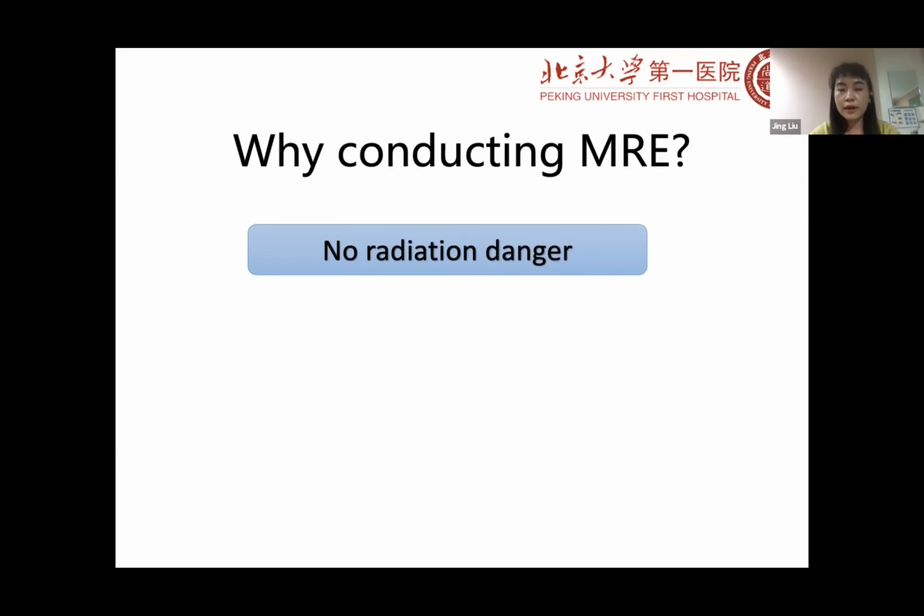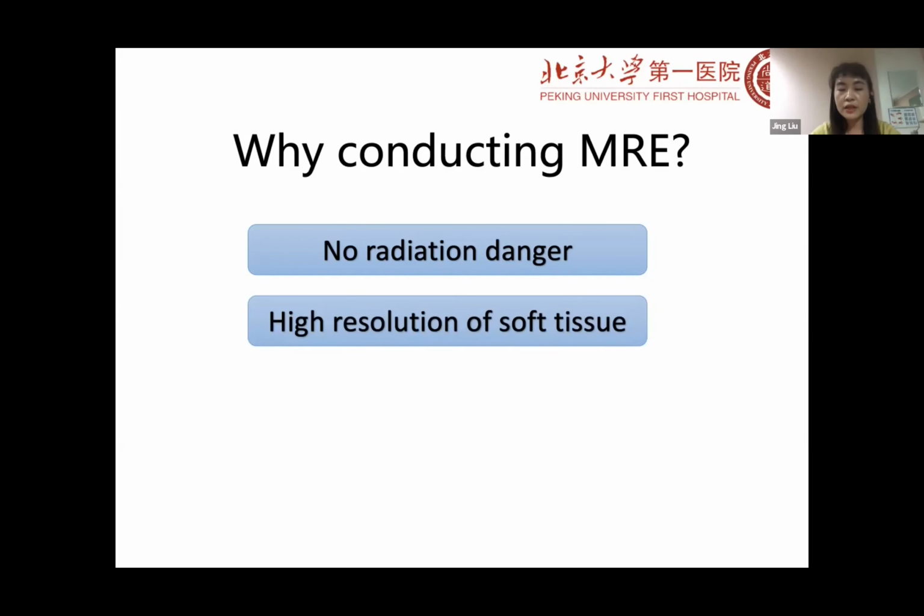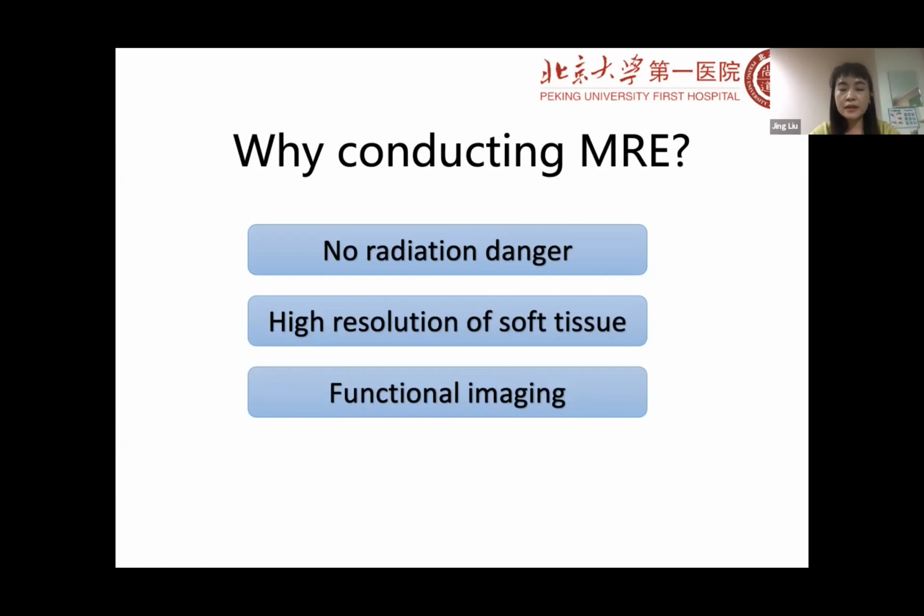First, MR angiography has no radiation danger, but CT angiography does. Second, MR angiography has a higher resolution of soft tissue contrast, which could help differentiate the lesion's characteristics. And third, beyond the morphological imaging, MR angiography has many sequences to choose from, and some of them are functional sequences.